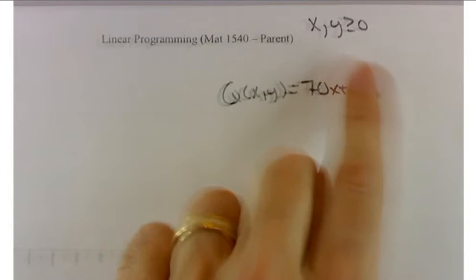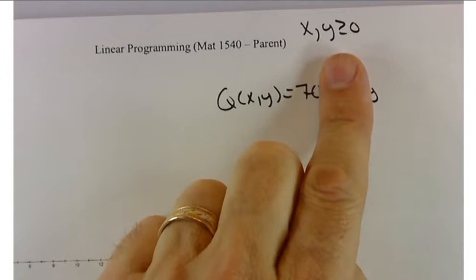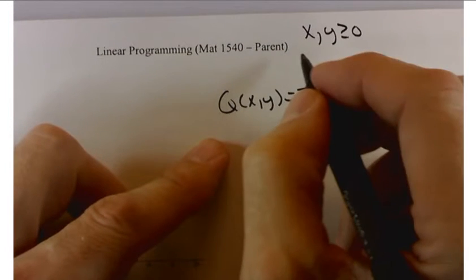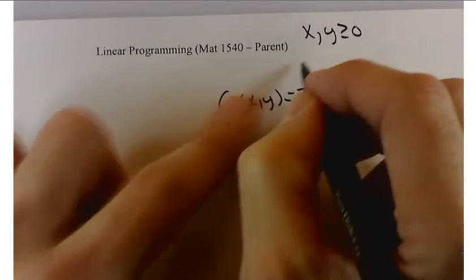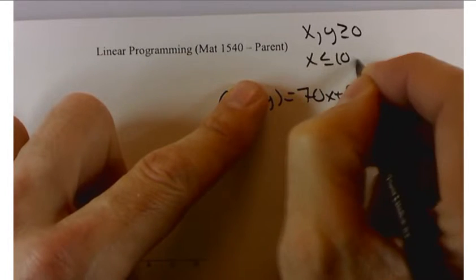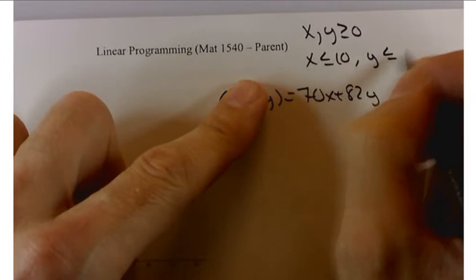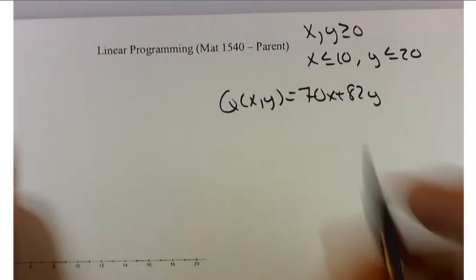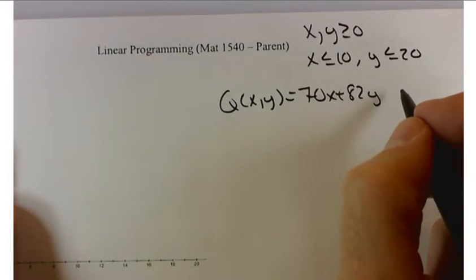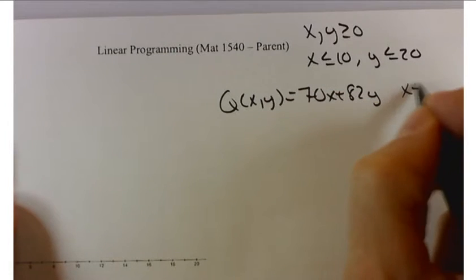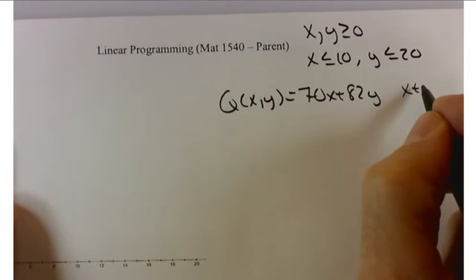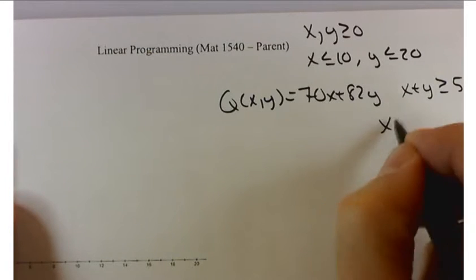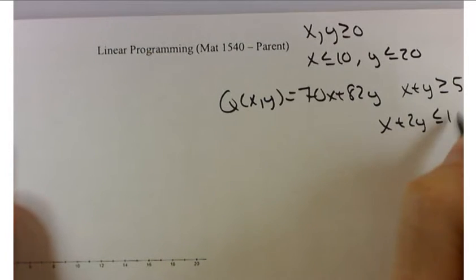That just tells me that my solution is going to be in the first quadrant. We also have x is less than or equal to 10, y is less than or equal to 20, and a couple more things here. X plus y is greater than or equal to 5, and x plus 2y is less than or equal to 18.